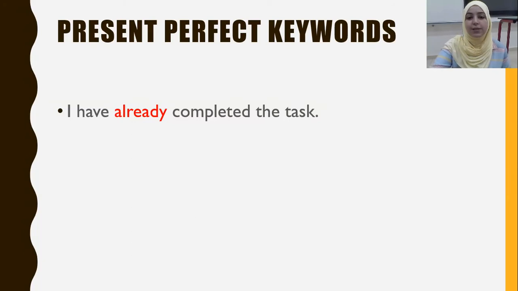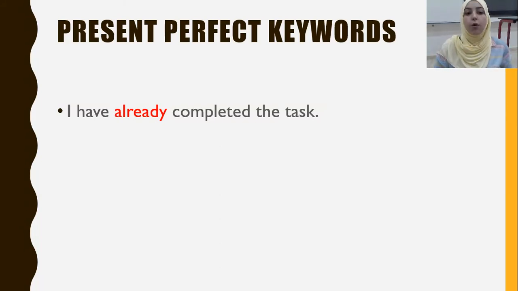Right. Let's look at the keyword already. I have already completed the task. Now, when you talk about the present perfect, what is my form? My form is that I have a subject, I have or has as a helping verb, and I have verb 3 as the main verb, right?